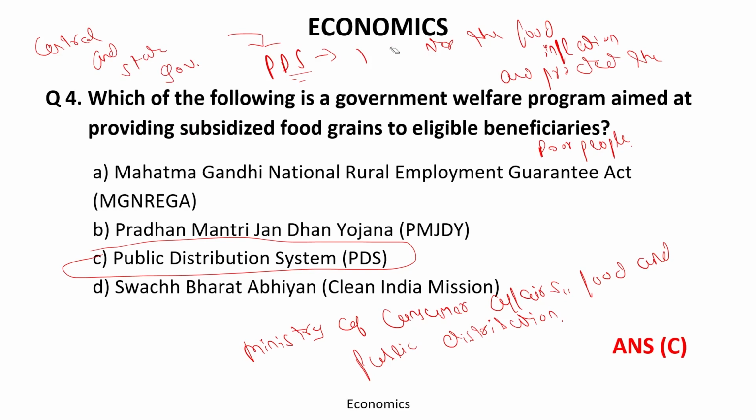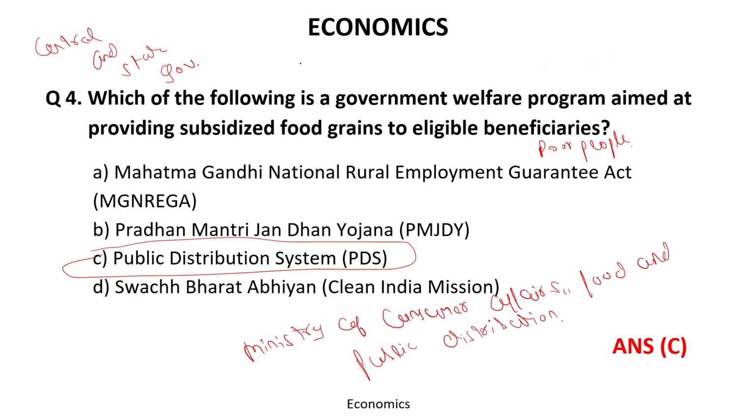So basically, the prime role of the central government is to hold the food in storages and provide it to the states.